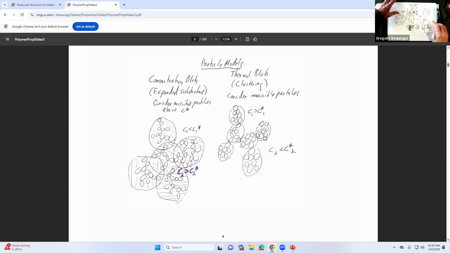If you plotted it out as a function of concentration, log Q, log I, this number is fixed because it's the same chain. That's your n rho squared v squared, and your persistence length is fixed.